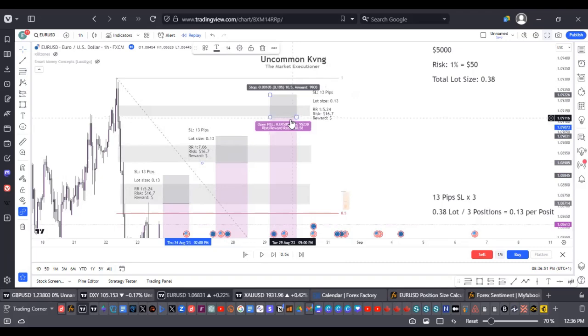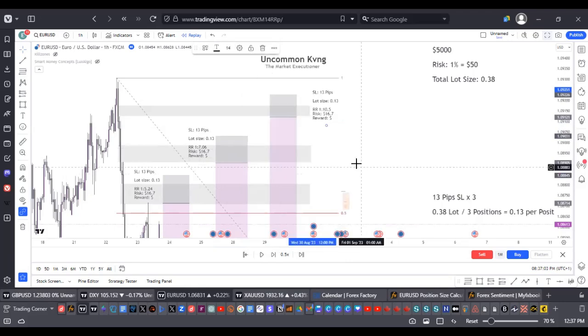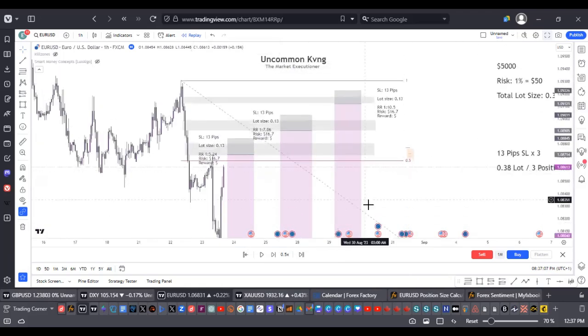Now here, the risk reward for this is 1 to 10.5. Okay. All right.